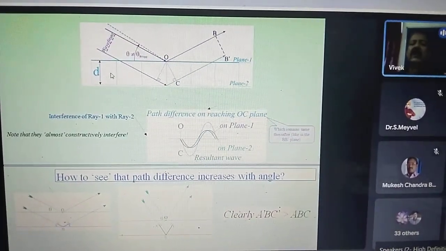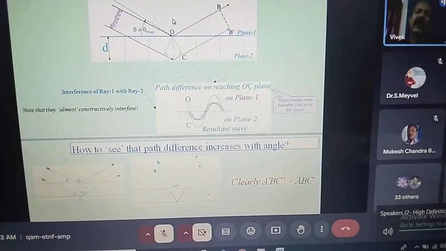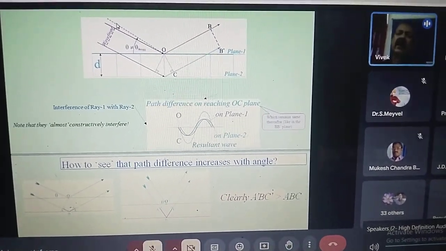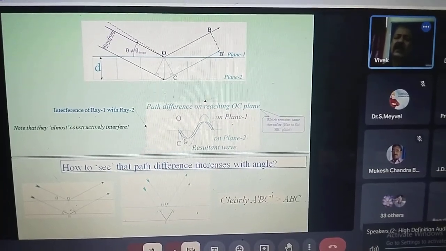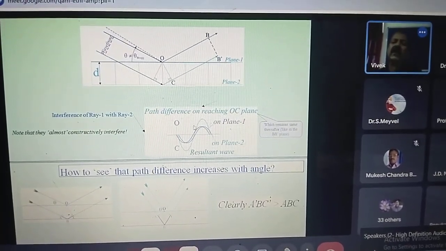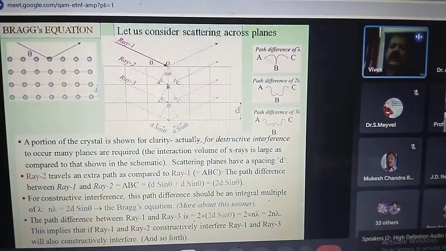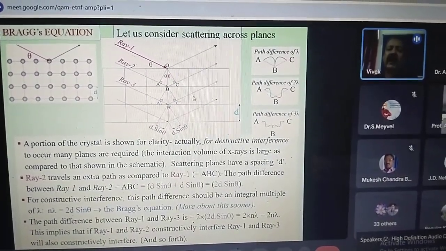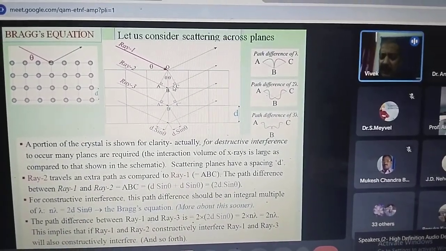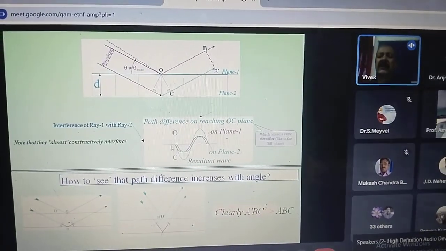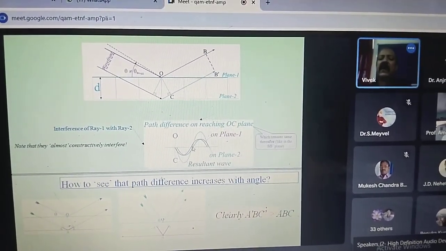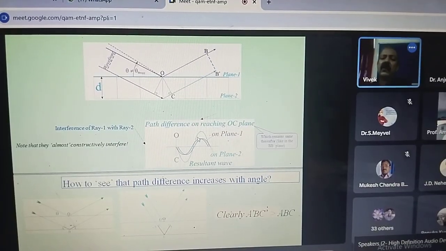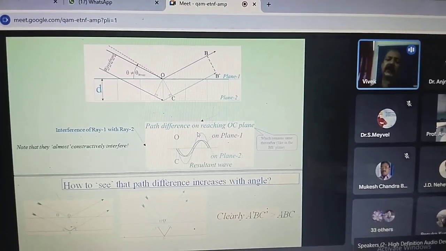Now we will come to this. This is plane 1, this is plane 2. Sometimes a ray may be slightly bent, but more or less they will interfere constructively. That is the ideal situation we have taken. But sometimes the ray may be slightly different from constructive interference. You can see they are not overlapping on each other. This case can also happen.